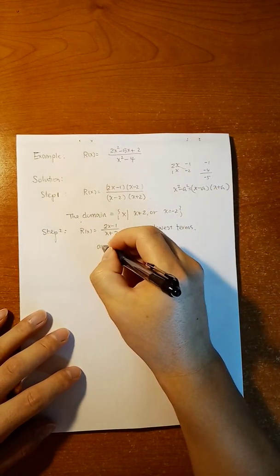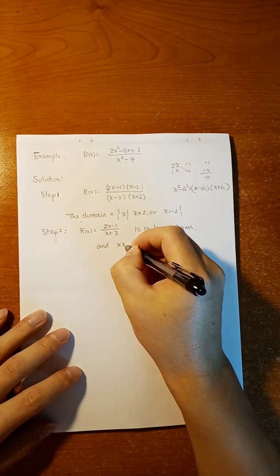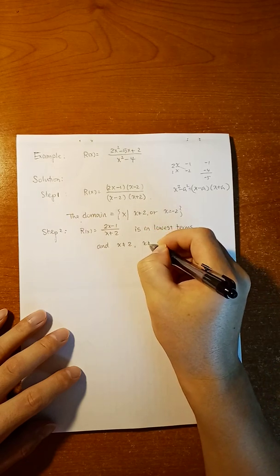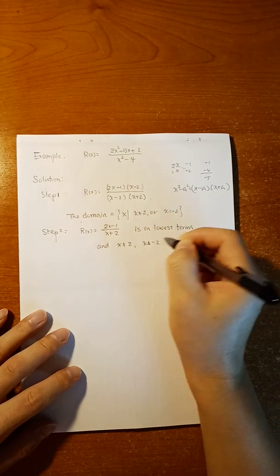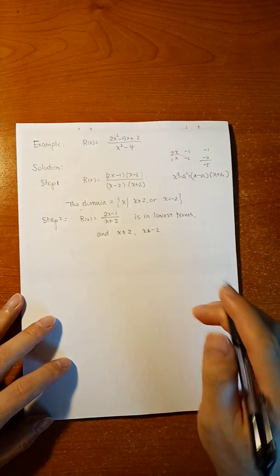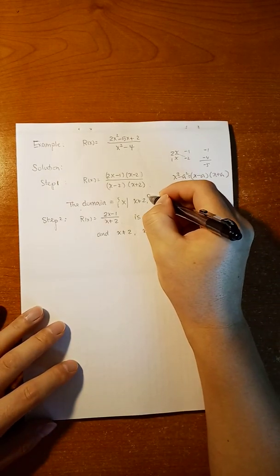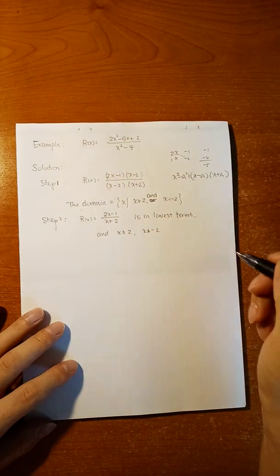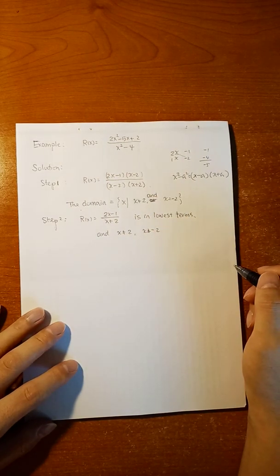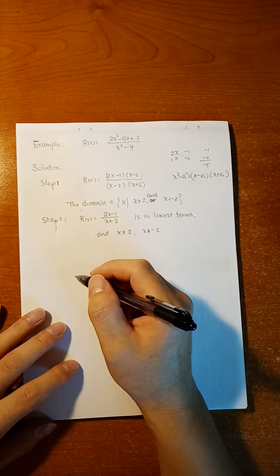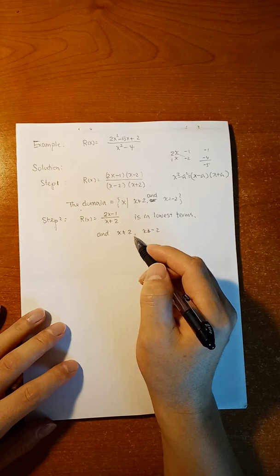And x is not equal to 2, x is not equal to negative 2. So that's the domain and the lowest term.